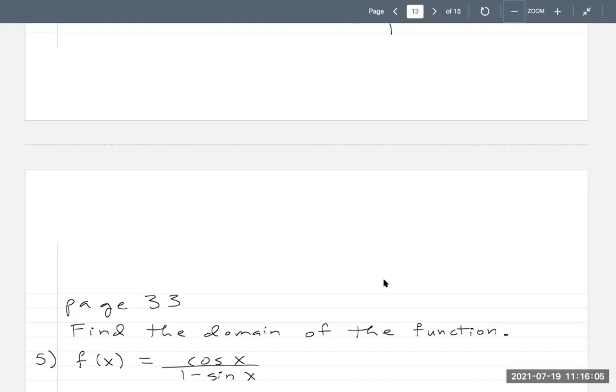Oh, here it is. Switching computers. 1.3. 2. Page 33.